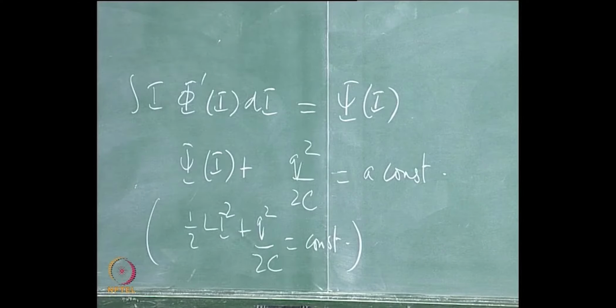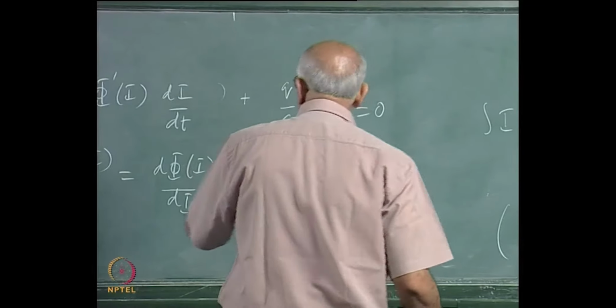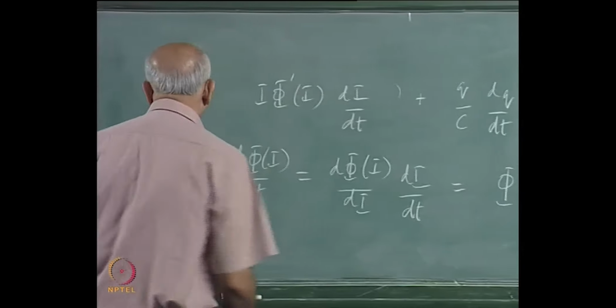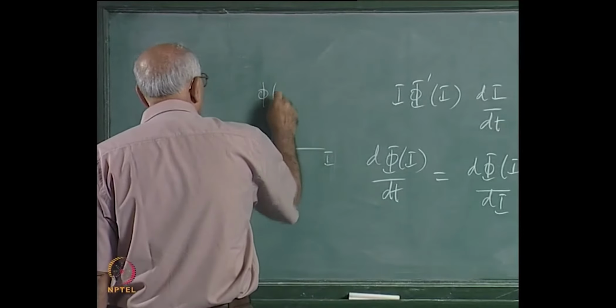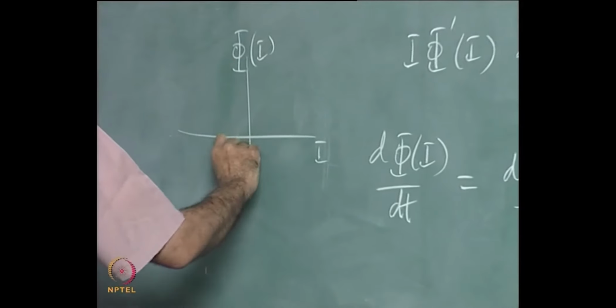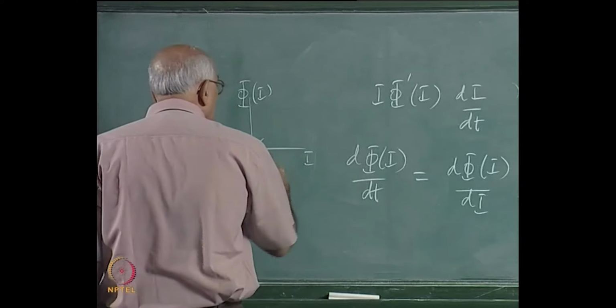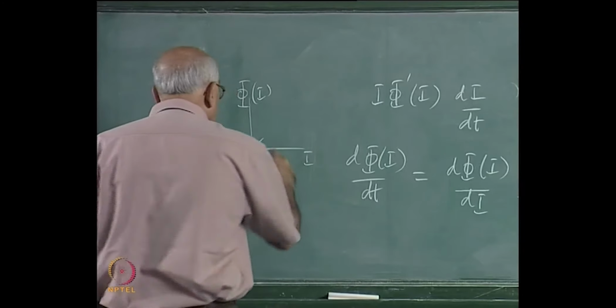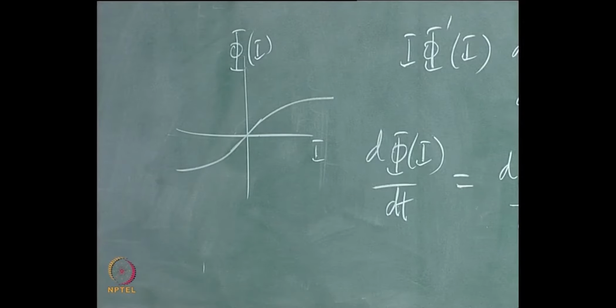I would generally expect that this flux, this phi here, is some kind of odd function of I. As a function of I, if I plot phi of I, it would be linear for sufficiently small currents, but as the current increases, I would actually expect some kind of saturation behavior in this fashion.